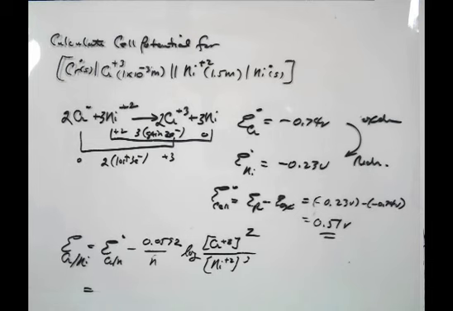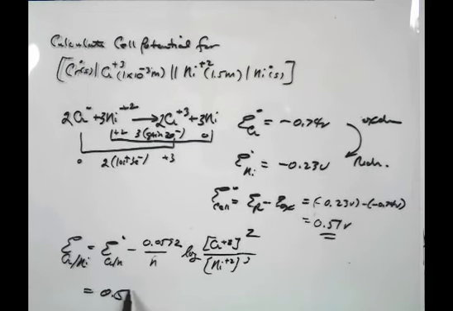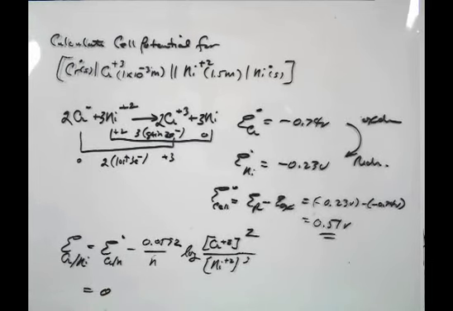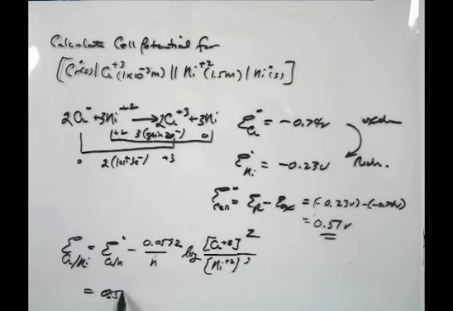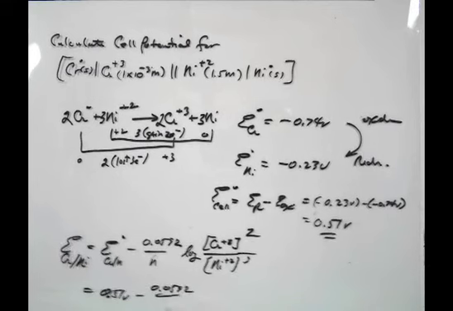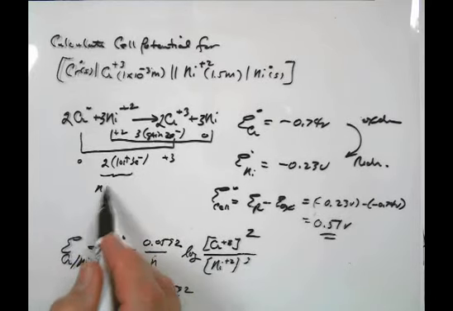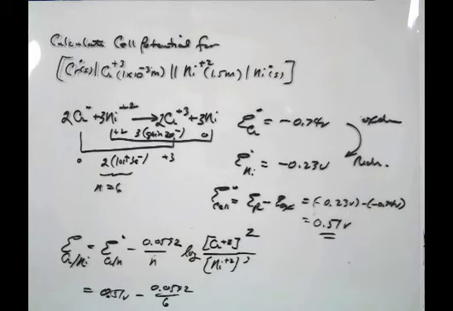So to solve this one, it is 0.51 volts minus 0.0592 over 6. Everybody catch that? Over 6? See, this is n equals 6. Okay, everybody good?